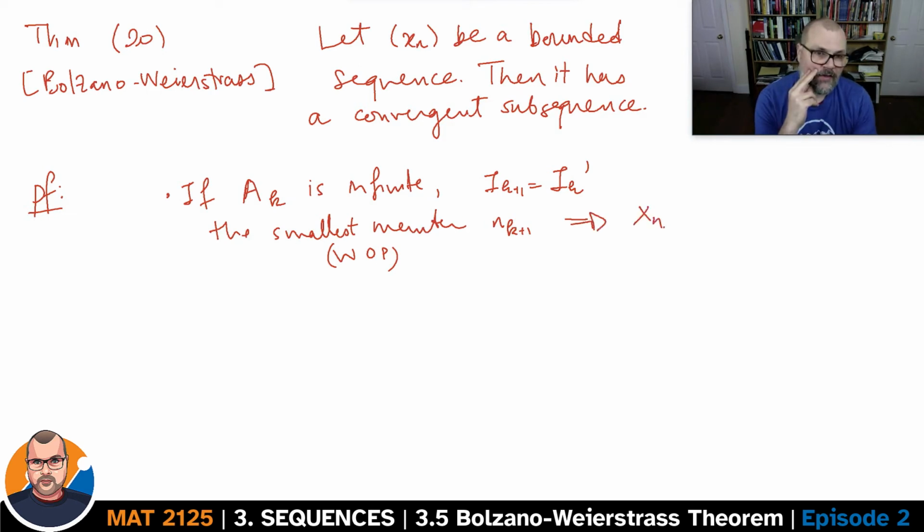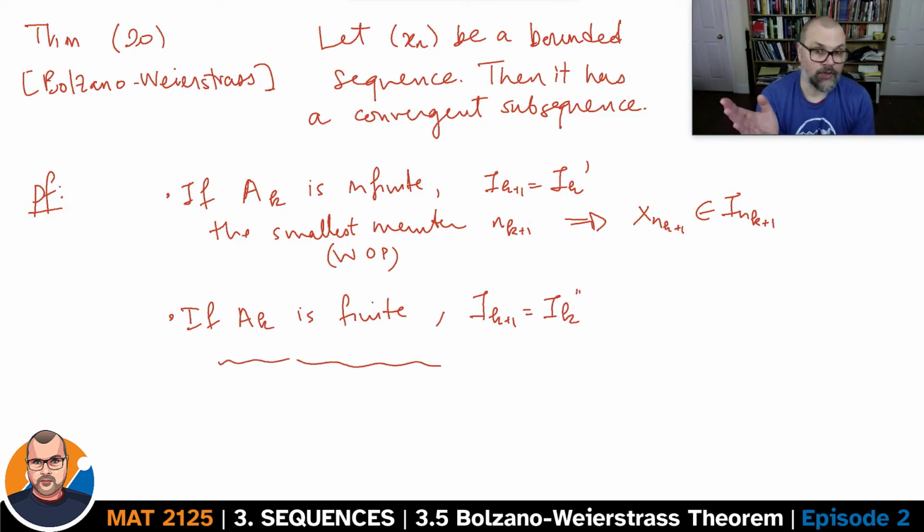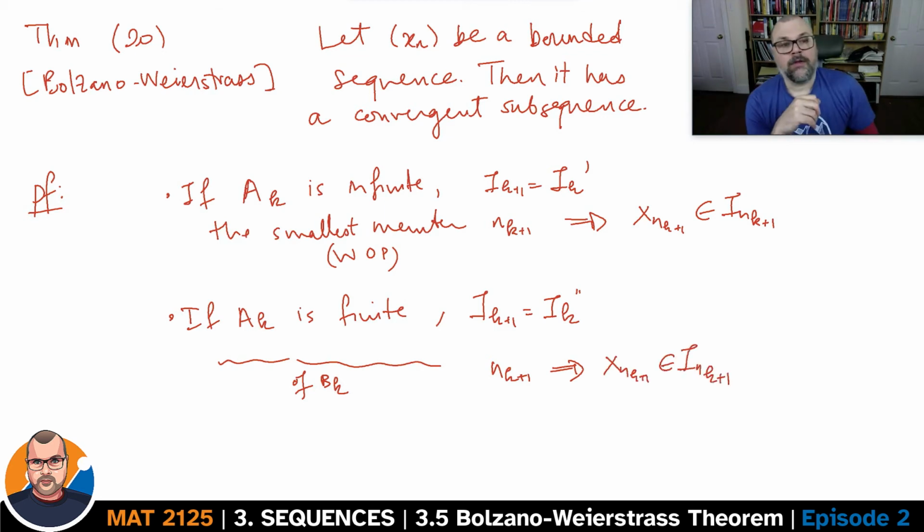This means that x_{n_{k+1}} belongs to I_{k+1}. If A_k is finite, the other possibility, then we set I_{k+1} to be I_k double prime, and then the smallest member, again by the well-ordering principle, of B_k this time, would be n_{k+1}. We're calling it n_{k+1} as before, and x_{n_{k+1}} belongs to the interval I_{k+1}.